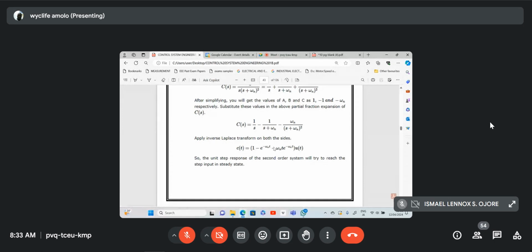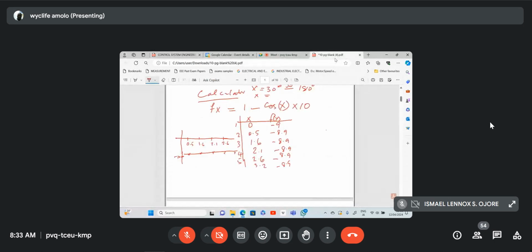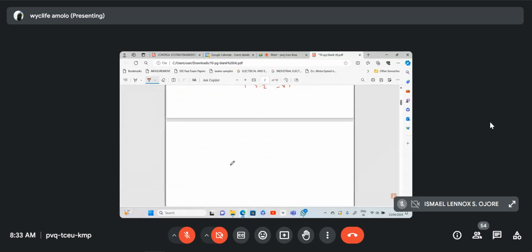So what I'm trying to say is this: my expression is that c(t), which is the inverse Laplace transform, is 1 minus e^(-ωnt) minus ωn t e^(-ωnt), multiplied by u, a step function.